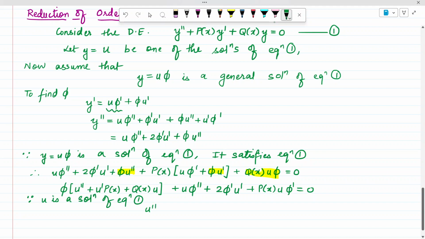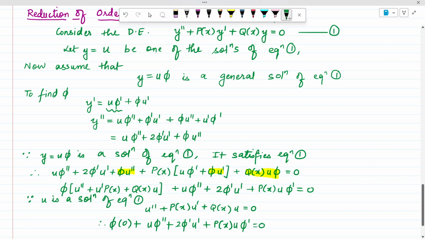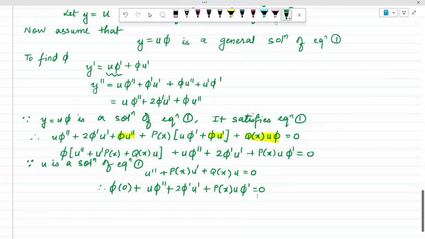I claim that u double dash plus p of x into u dash plus q of x into u will be 0. So my first bracket is 0. So phi into 0 plus the remaining terms, and phi into 0 is going to be 0.